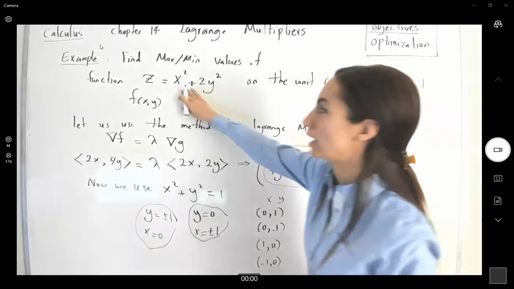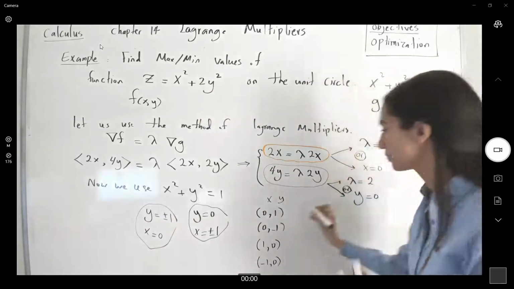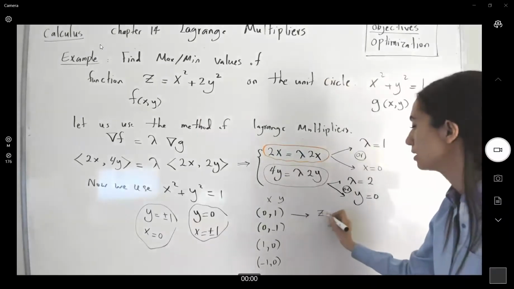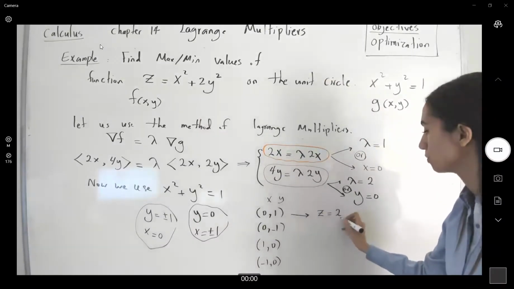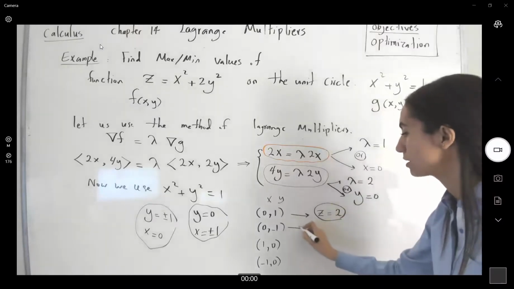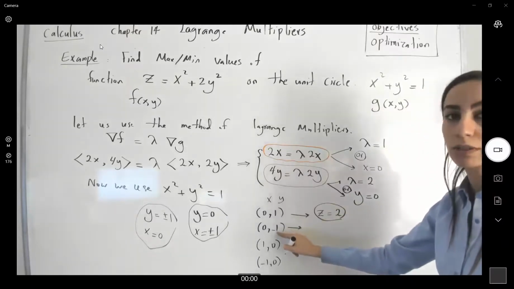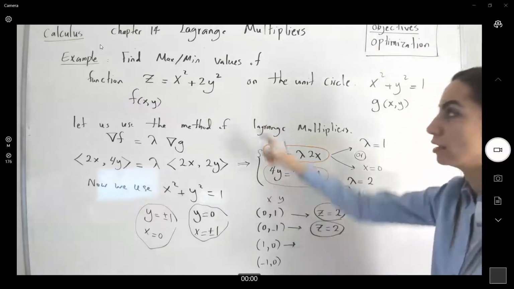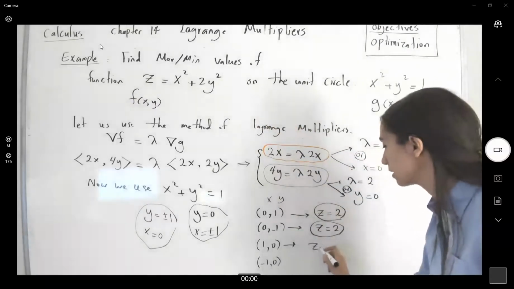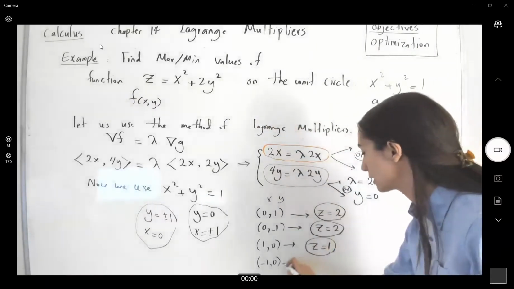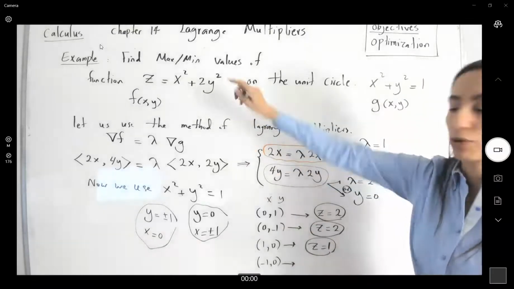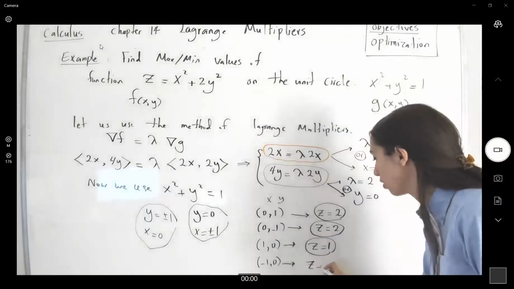To find z, I have to get back to the original function. If x is equal to 0, y is equal to 1, my z is equal to 2. If x is equal to 0, y equals negative 1, again, my z is equal to 2. If x is 1, y is 0, my z is 1. And if x is equal to negative 1, y equal to 0, z, the original function, is 1.